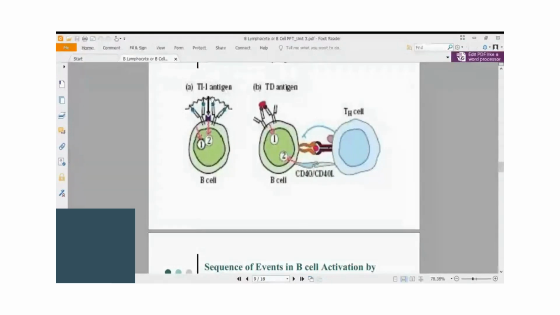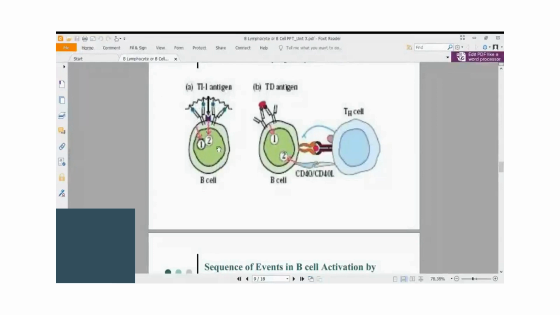Two mIgM molecules are cross-linked by that lipopolysaccharide, which is huge in molecular weight. Because of that, those mIgM molecules get stimulated in contact with the lipopolysaccharide and activate that B lymphocyte or make it undergo proliferation.